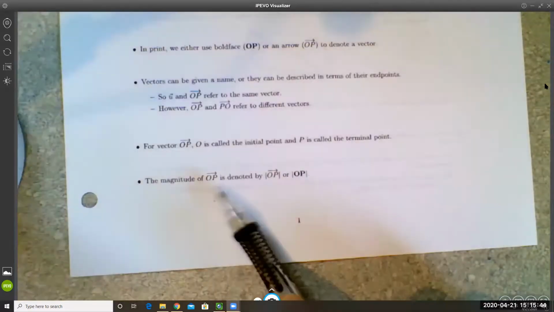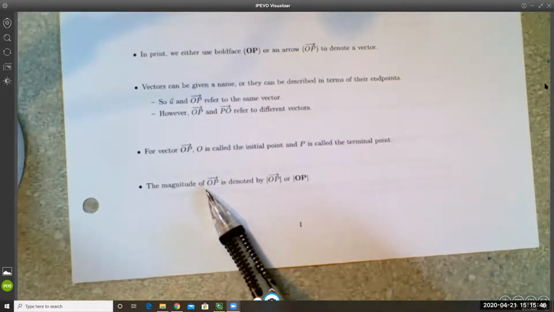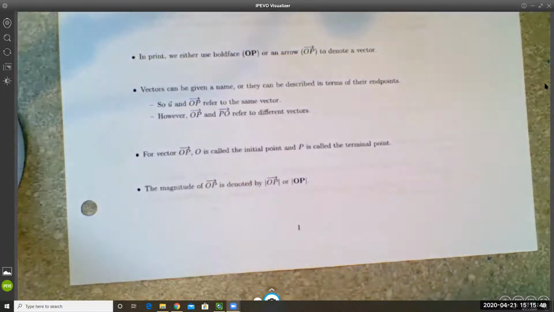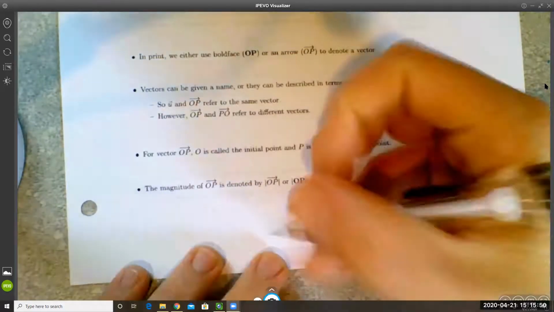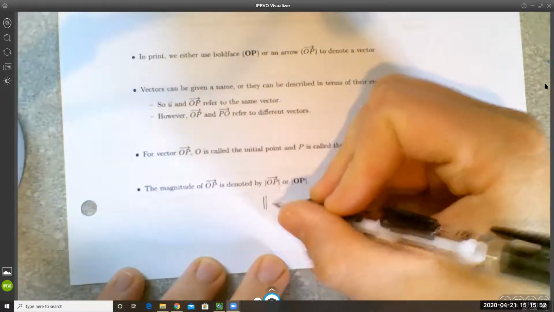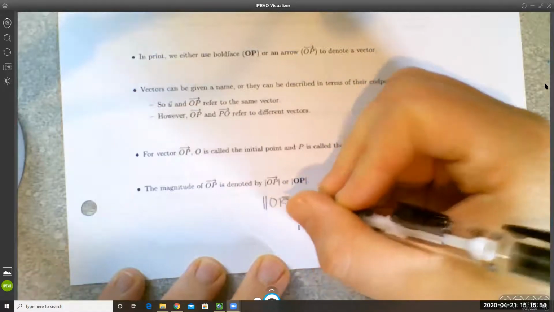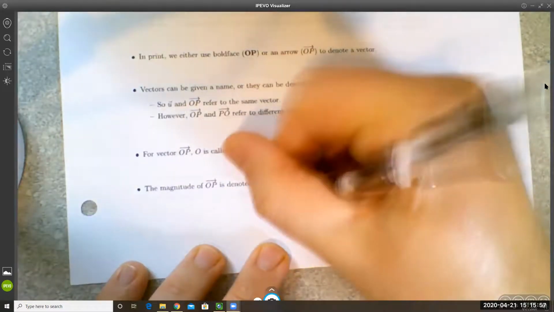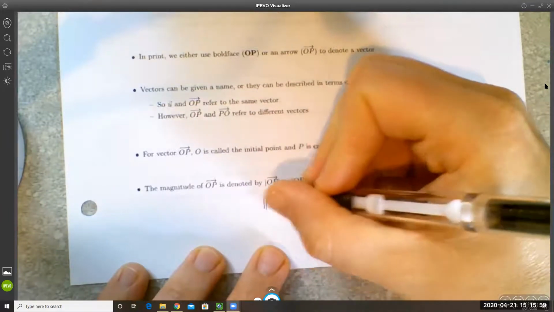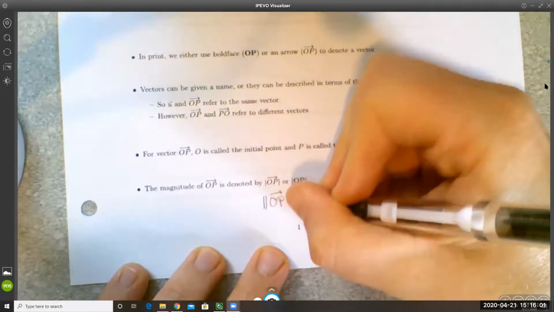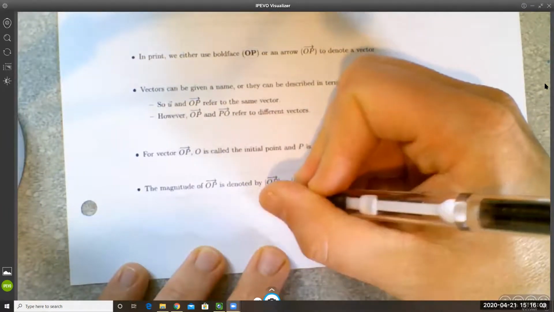The magnitude of a vector is denoted with absolute value bars around the vector, or sometimes some textbooks use a double absolute value. So they might use a double bar around OP to represent the magnitude of the vector instead of just a single absolute value.